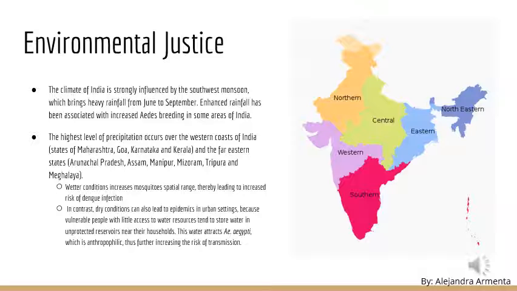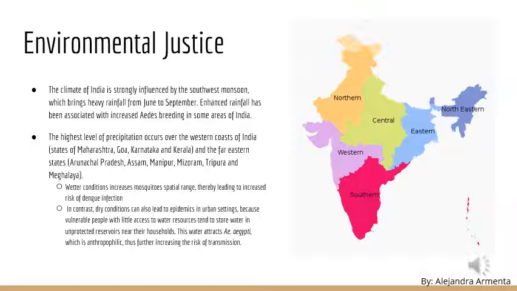The highest level of precipitation occurs over the western coast of India, highlighted in purple, and the far eastern states, highlighted in blue. The weather conditions increase mosquito spatial range, thereby leading to an increased risk of dengue infection.